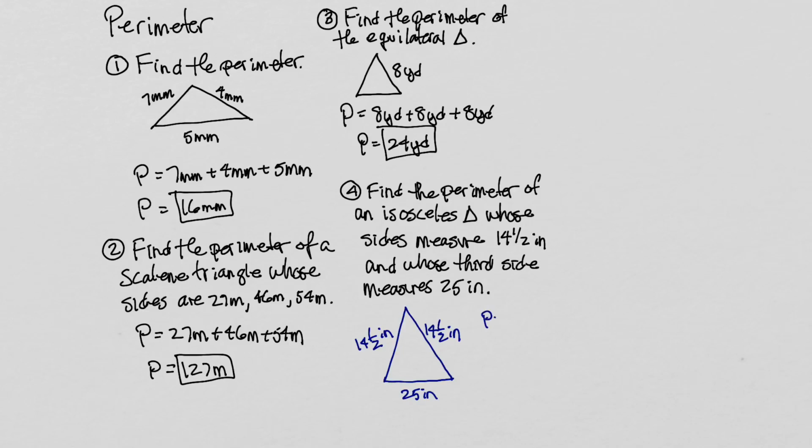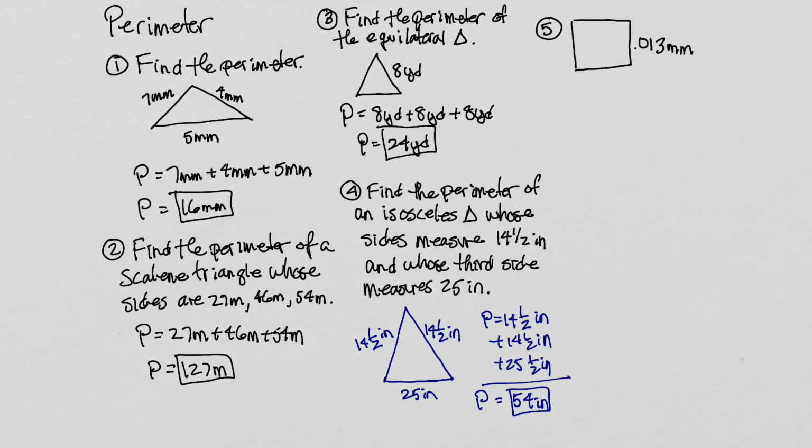Now the perimeter is going to be 14.5 inches plus 14.5 inches plus 25.5 inches. When I add those together, I got the perimeter being 54 inches.